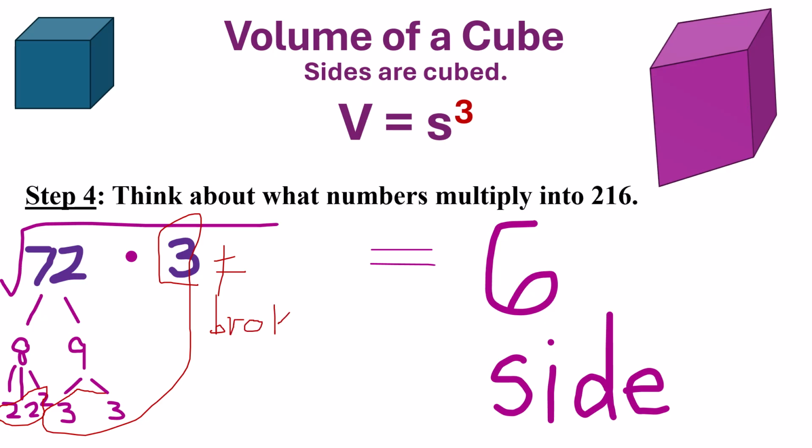Okay, now when you do this, 6 is the length of one side. Why is this? Because they come out of the bracket, one set of 2 times a set of 3.